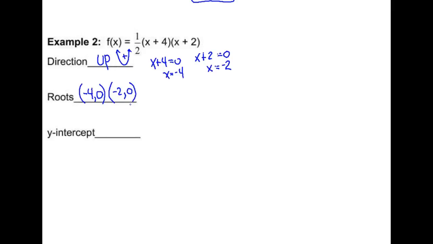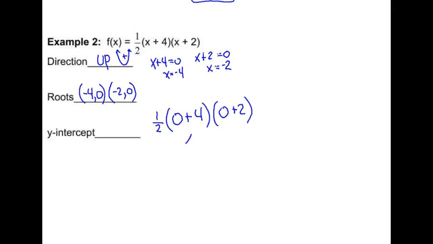The hard part was calculating the y-intercept. Once again, the way we do that, we take our equation with the 1/2, we plug in 0 for x, because we know at the y-intercept x is equal to 0, and we do it for the second term, and we get x plus 2.